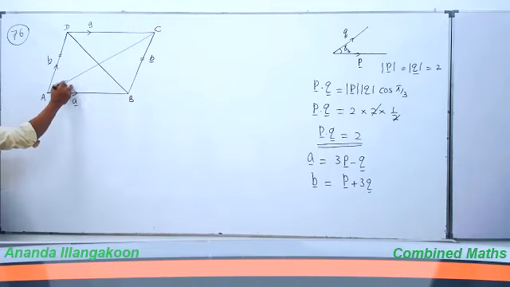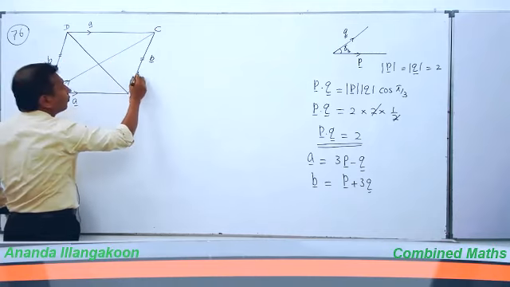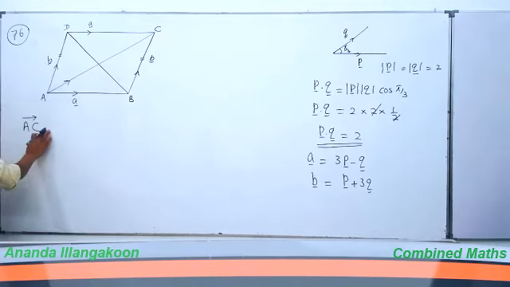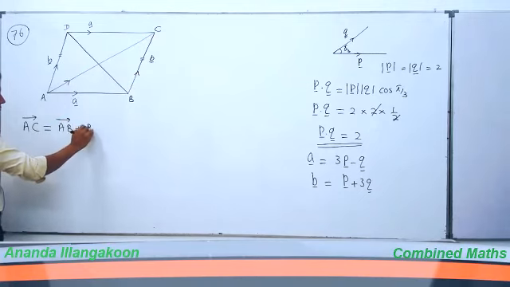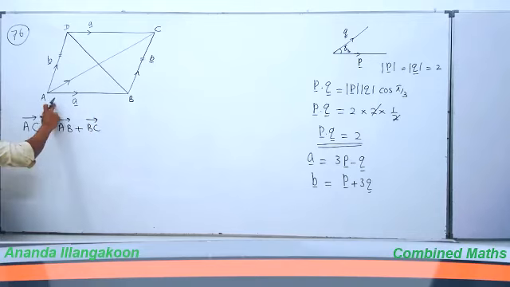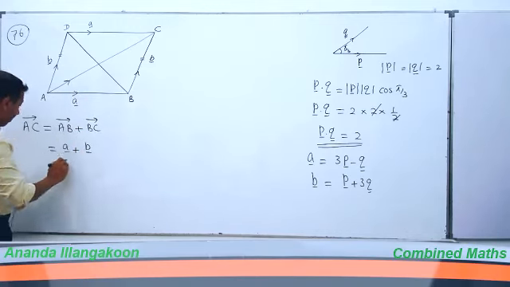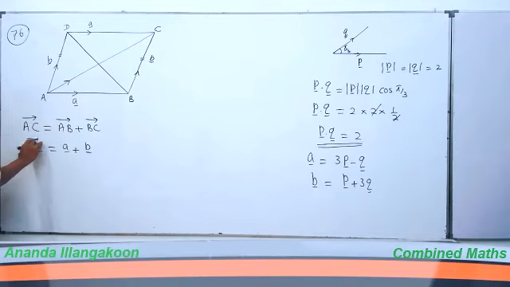Then you can write this AC vector. AC vector is AB vector plus BC vector. A to B vector is A. B to C vector is B. This is AC vector.